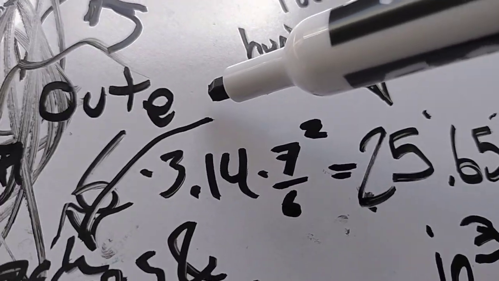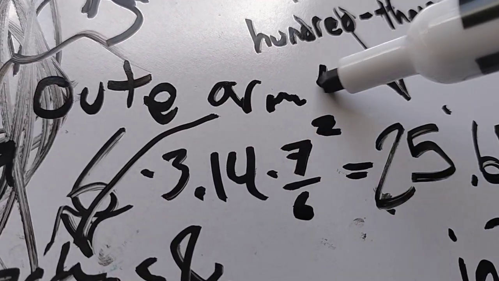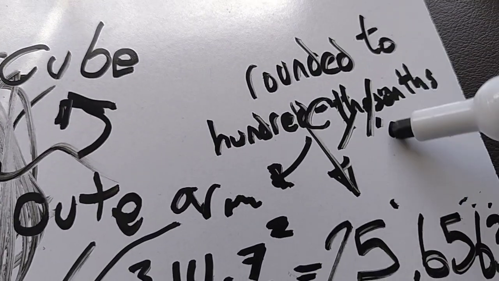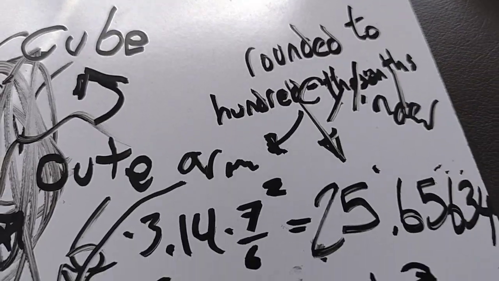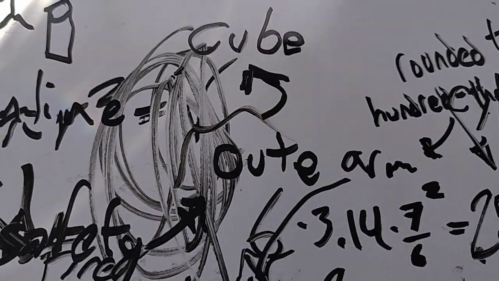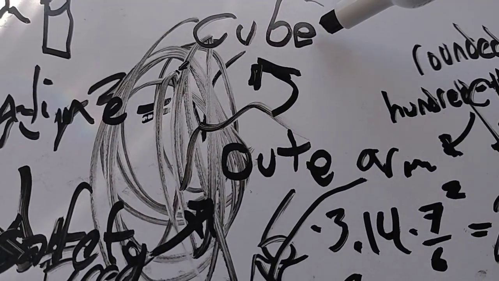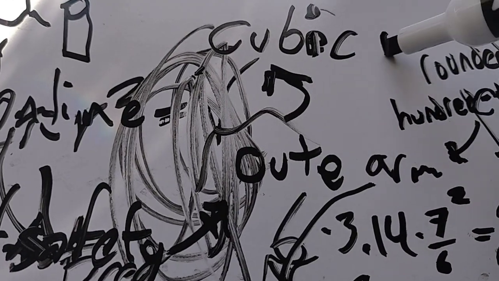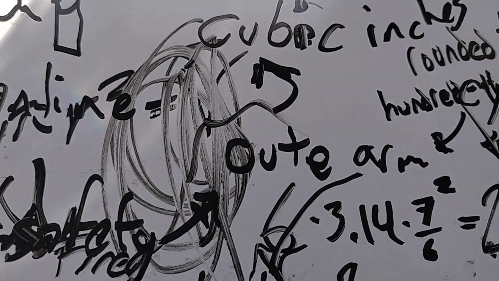And what is an arm? I'm glad you asked. An arm is kind of like a cylinder, and that's what we're trying to measure here. It goes through all of these different iterations, and that's why we measured it in cubic inches.